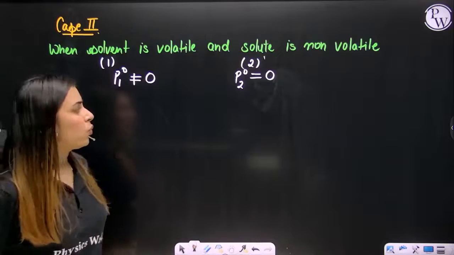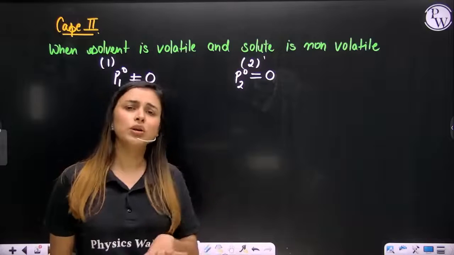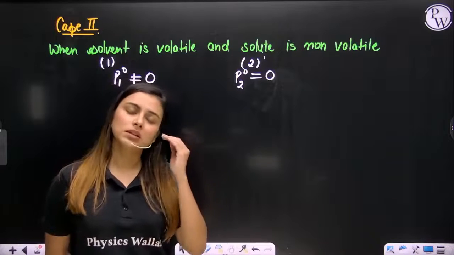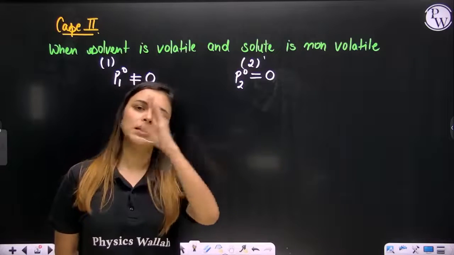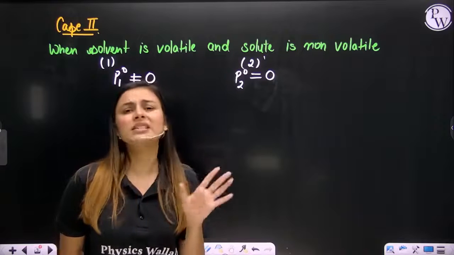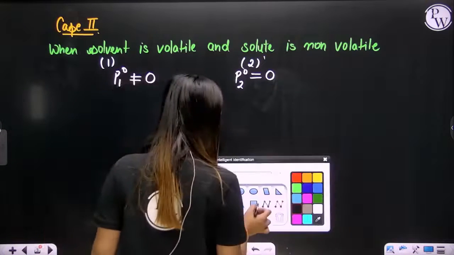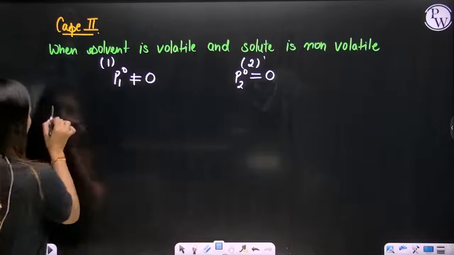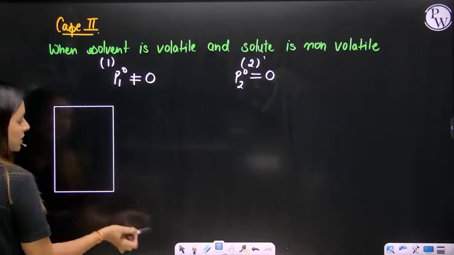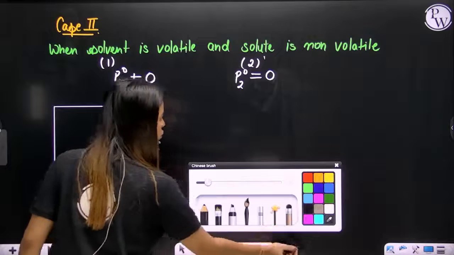Now what are we going to do? Now we are actually going to apply Raoult's law. The same way we applied Raoult's law in case 1, we'll apply it in case 2, and you'll understand each and everything very clearly. Now imagine you have a closed container, and you have a solution here.